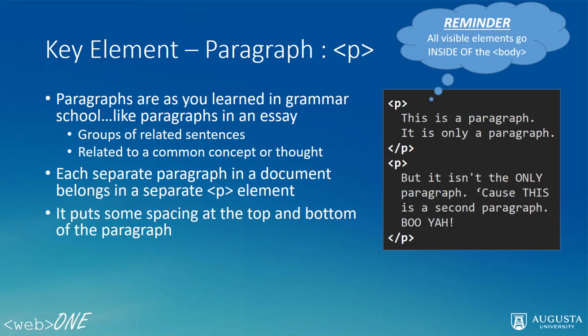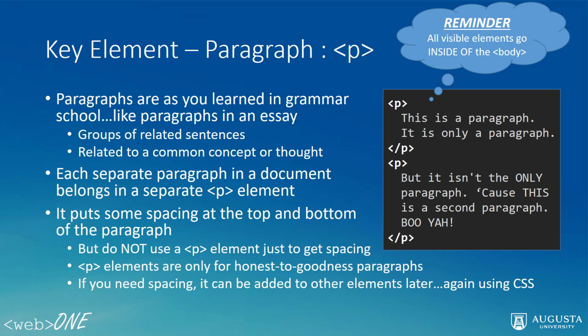The next tag is the P tag. We use P tags to represent a paragraph. We talked about this tag in the previous unit. By default, P tags add some space before and after the paragraph, but we don't use P tags to add space before or after a text.